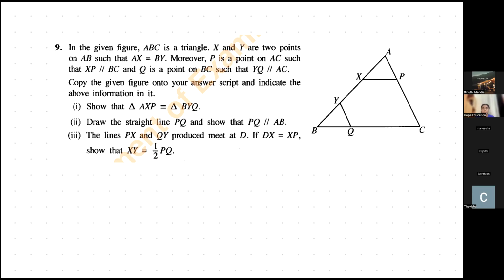Yes, I will give 1 more minute. Okay, Benuti, 1 more minute. No problem. Make it fast.